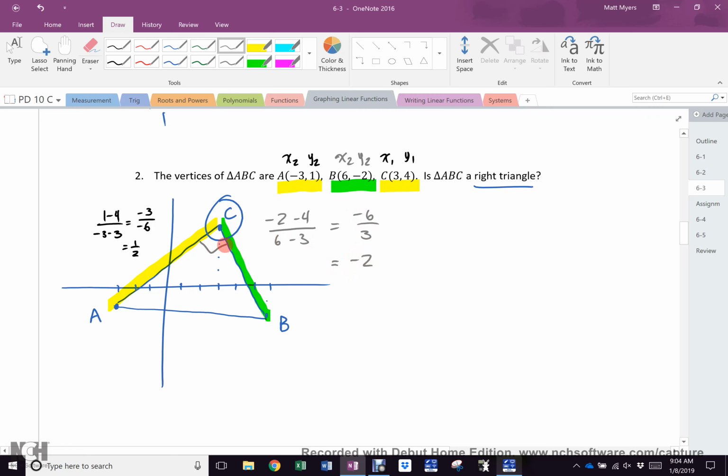Are they perpendicular? That's a 90 degree, so this is a right triangle. Did I need to do a perfect graph? I sketched it, and it allowed me to see. Right?